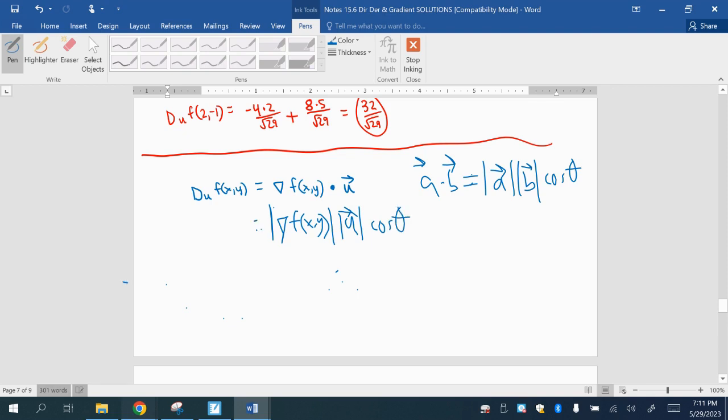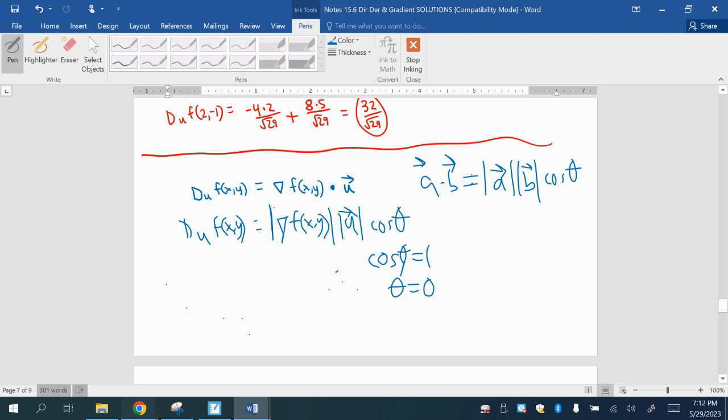So this is the directional derivative. If you want the directional derivative to be the biggest value, then, since the length of the unit vector is just 1, cosine has to equal the biggest it can, which is 1, and that occurs at 0.